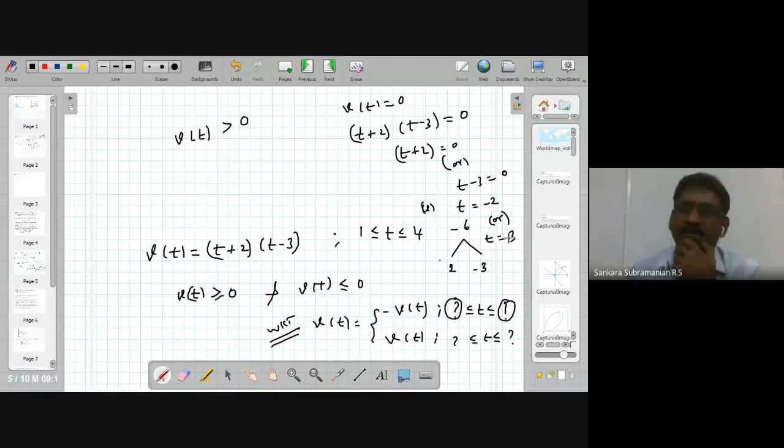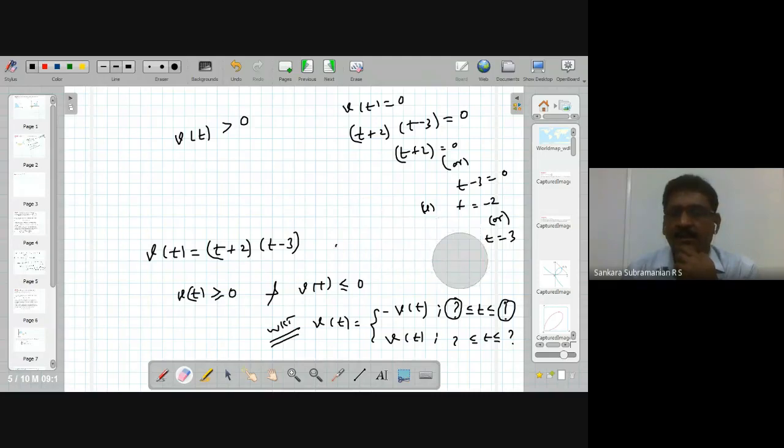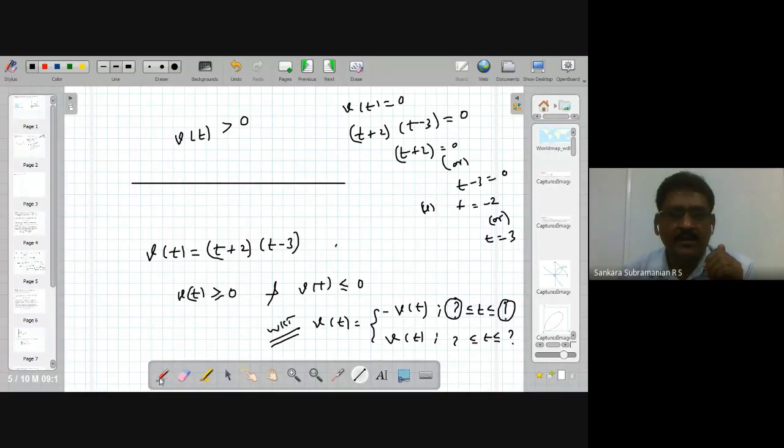So when t equals minus 2 or t equals 3, V of t will be 0. We can say that, because we use it very frequently. I will draw a diagram.